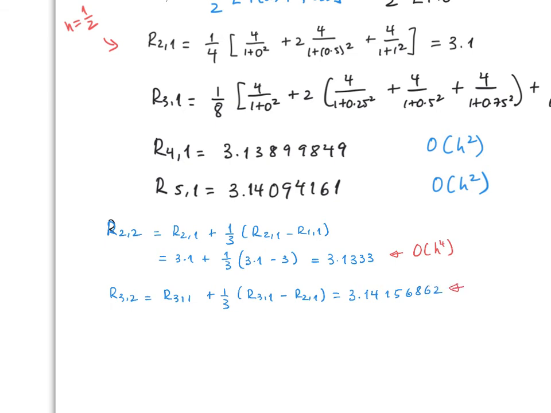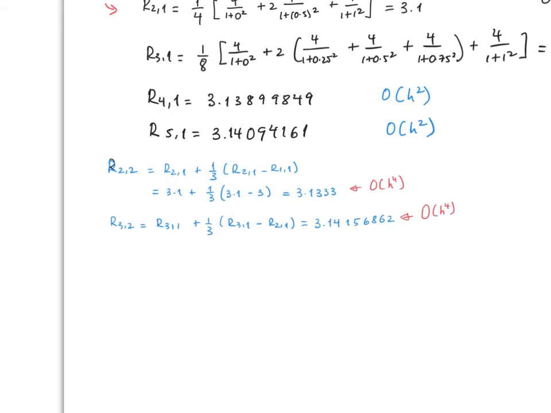And one more time, this is precision big O of h to the 4. Notice how this is approaching pi, and that should not be surprising because that's the exact solution, like I will show you in 1 second.